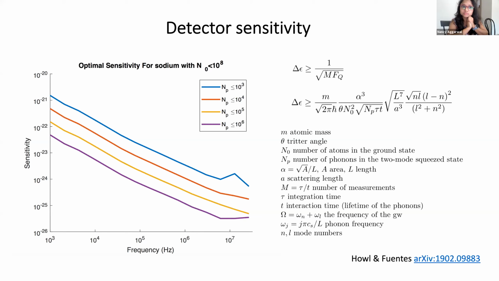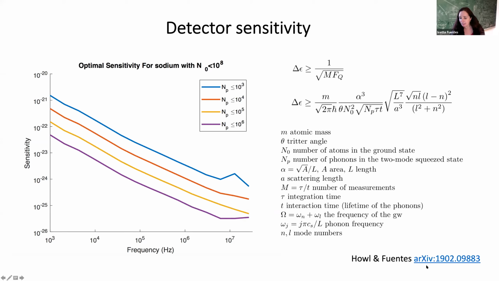The mode that you're resonant to depends on the speed of sound. It's the speed of sound divided by the length of the detector. So that's where you have these combinations of L's, because the speed of sound is also going to depend on the parameters of the BEC, and it all sort of combines.